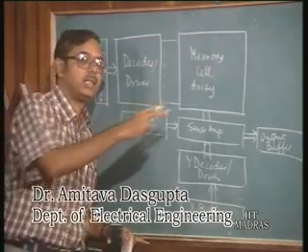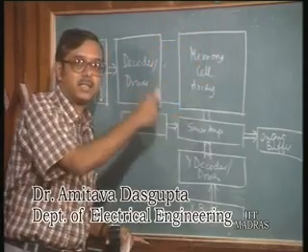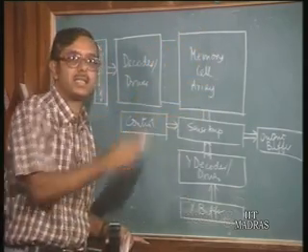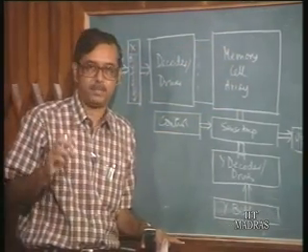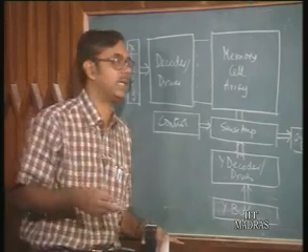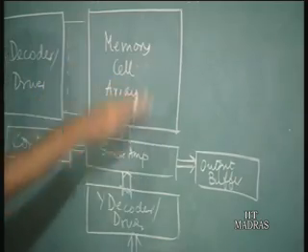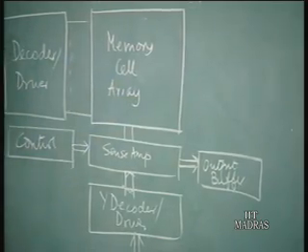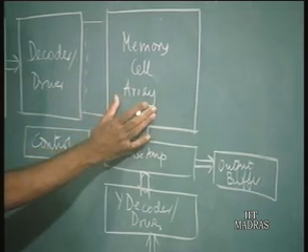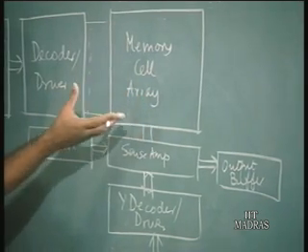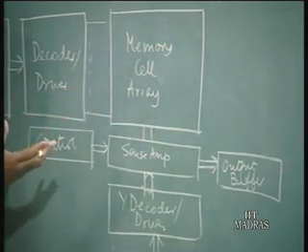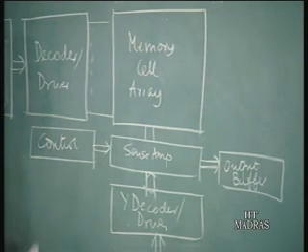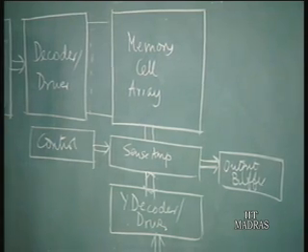Also, since the maximum number of transistors are in this memory cell array, the total power dissipation is going to depend on the power dissipation of the memory cell array. So, this has to be made using a technology which has low power dissipation and takes up less area.